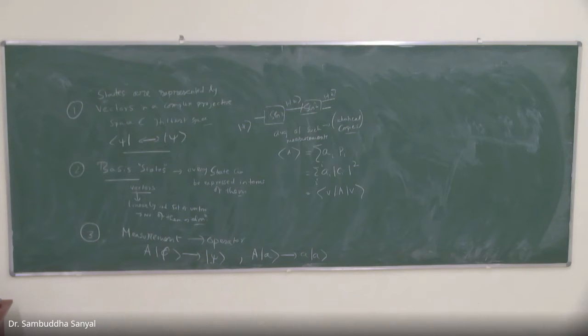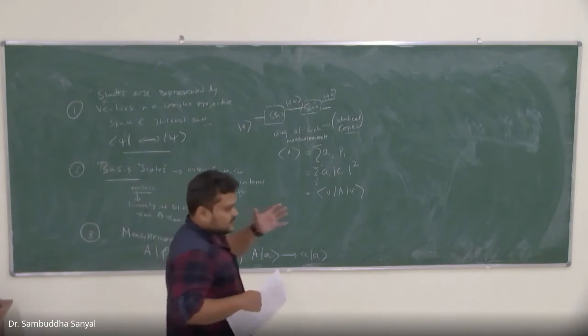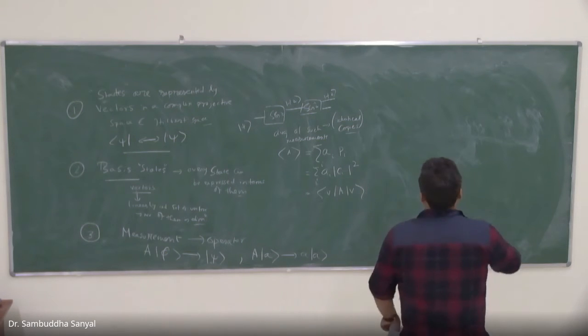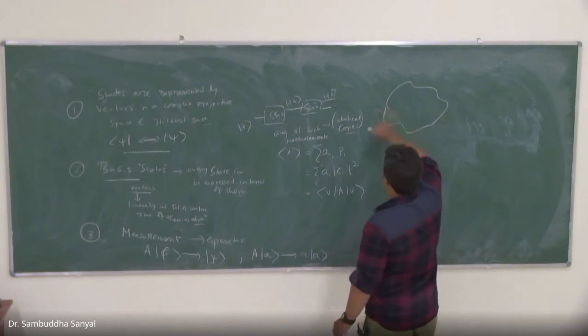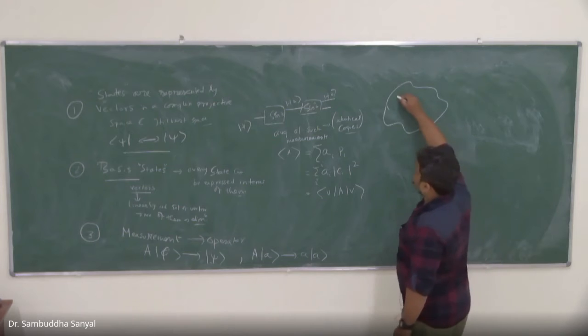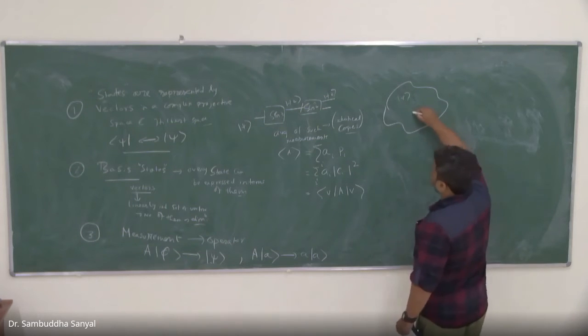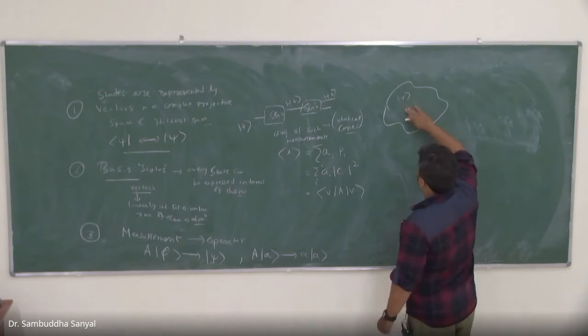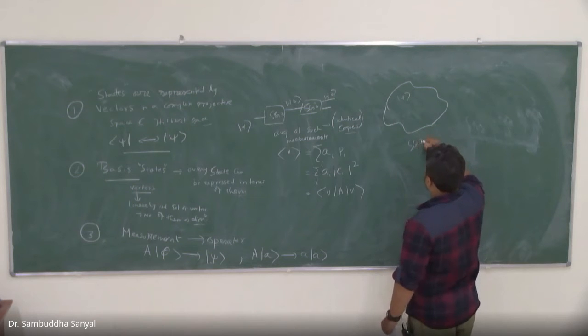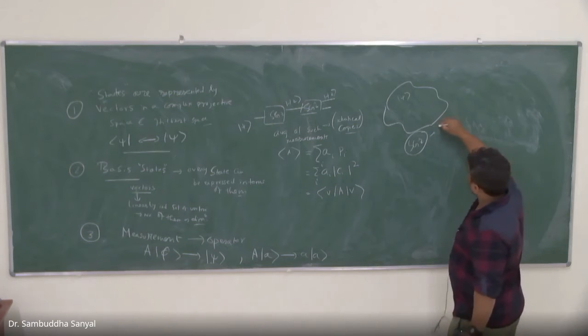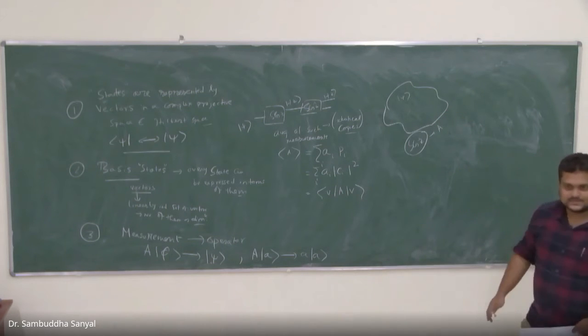Make sense? So in the space of all states, this is the space of all states in that Hilbert space, okay? And there are many states. Now I have taken an operator. I have not yet written the form of that operator, so let me just write it as a generic abstract operator.